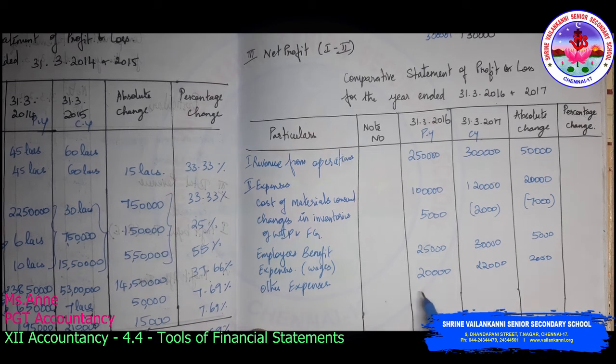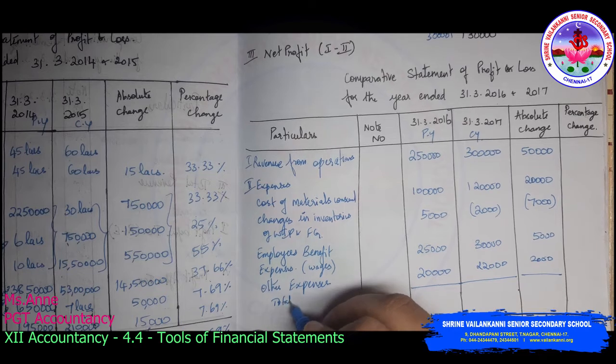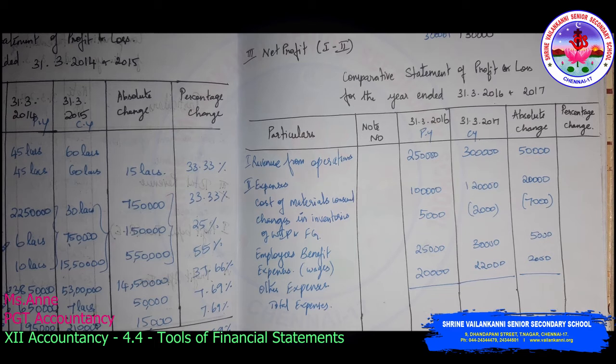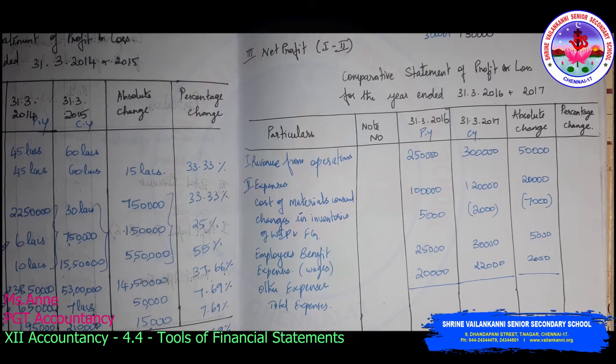So total of expenses, I am going to take it here. So total expenses will be 1,50,000. 1 lakh plus 5,000 plus 45,000.